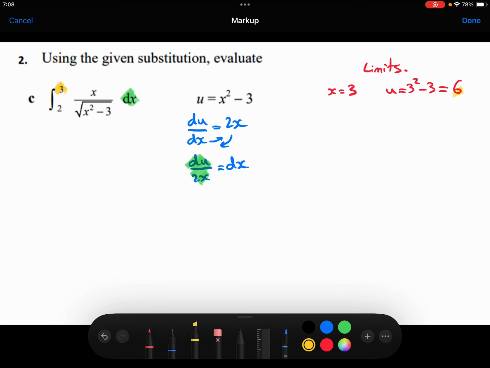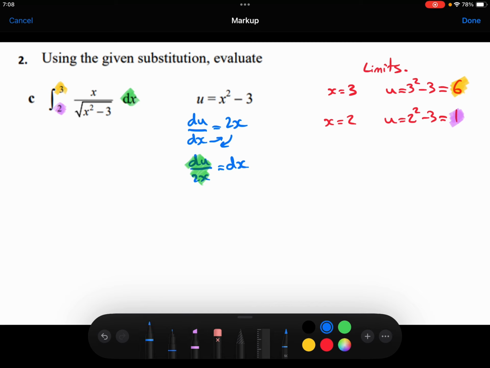So my upper limit is now 6. My lower limit, so when x is 2, u would be equal to 2 squared minus 3, which is 1. So my lower limit is 1.